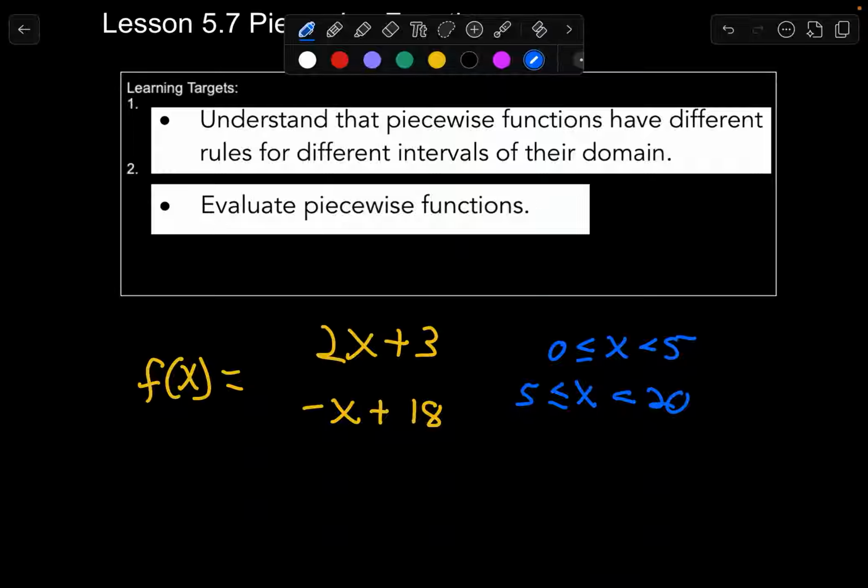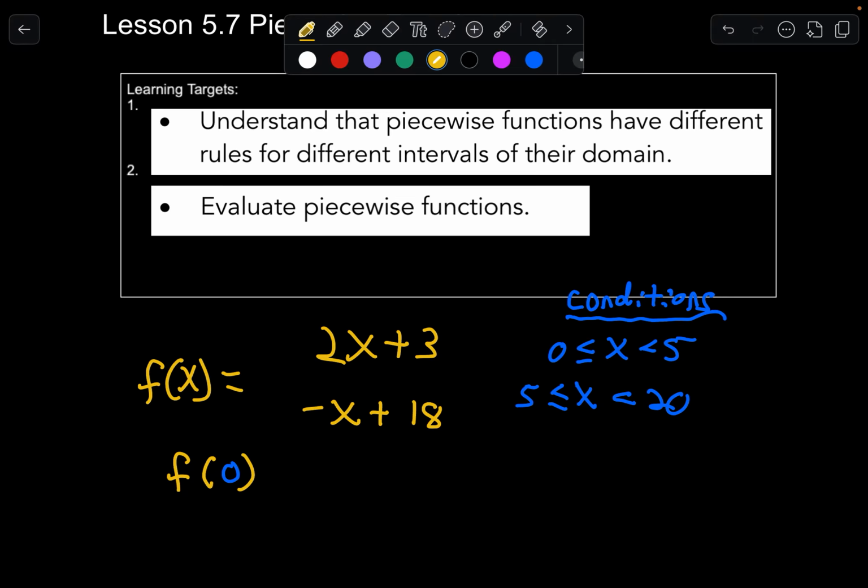Notice, these are the conditions. So when these conditions are met by x, that will decide which piece of this function we will use. For example, if I asked you, what is f of 0, looking at our conditions, the equation that is valid for when x is equal to 0 would be the top piece because it's or equal to.